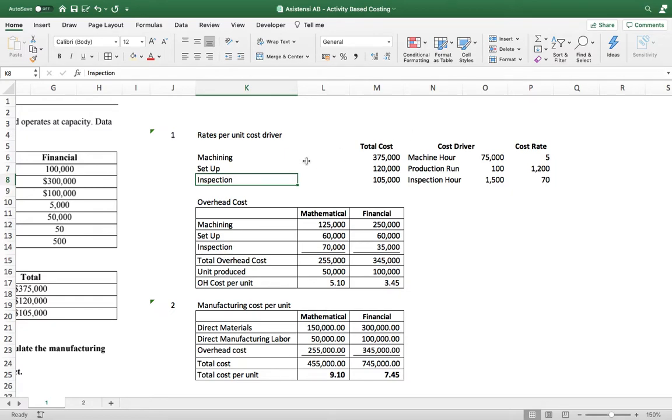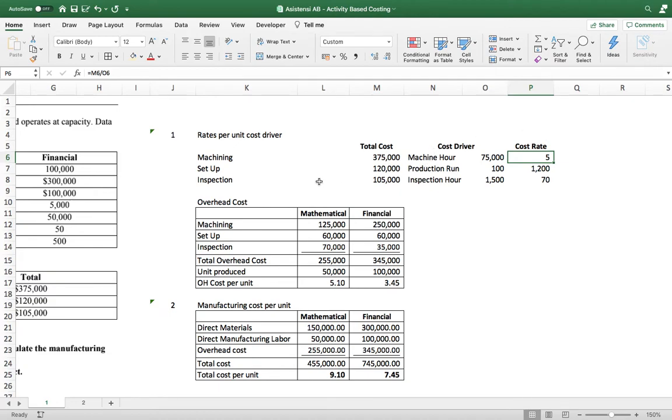So, for example, for the machining cost of 375,000, the number of cost driver, or the number of machine hours, is 75,000. And the cost rate is calculated as the total cost divided by the cost driver, which is 375,000 divided by 75,000. So we got the rate of $5 per machine hour.